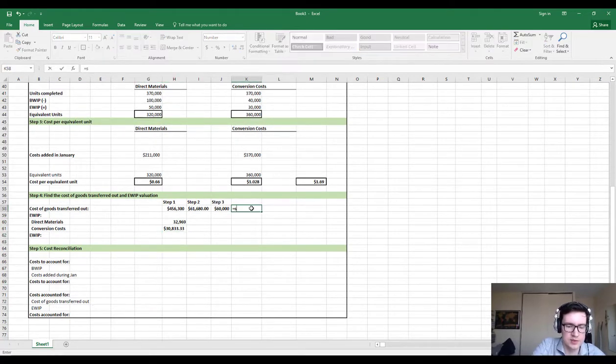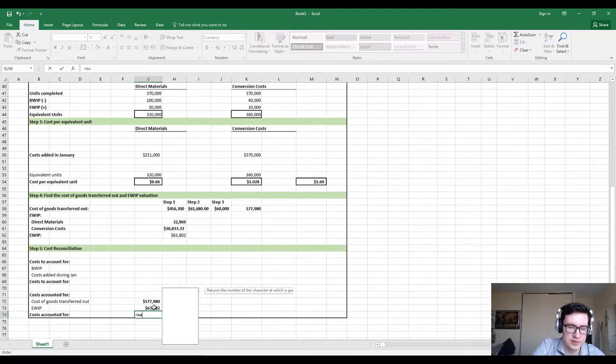let's take the sum of all of these, 577,980. So this is going to be 577,980, and EWIP is going to be the sum of these two amounts, 63,802.